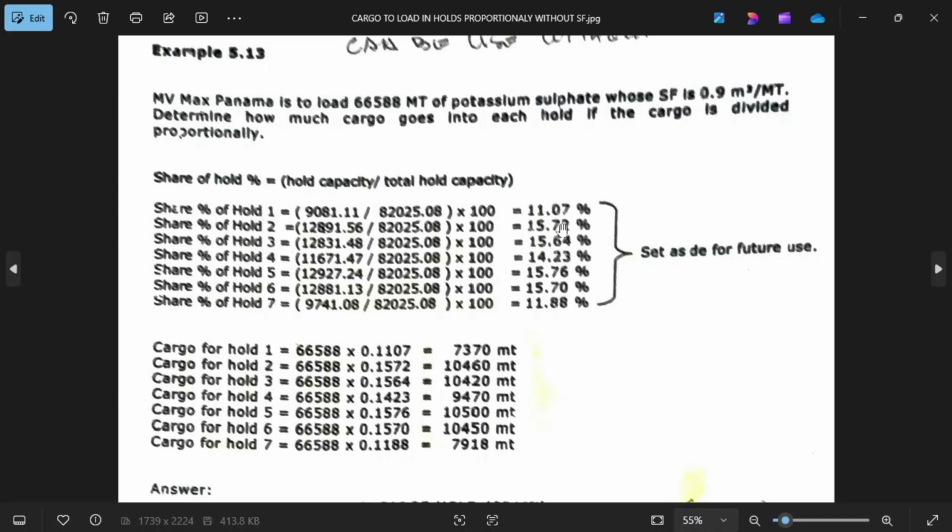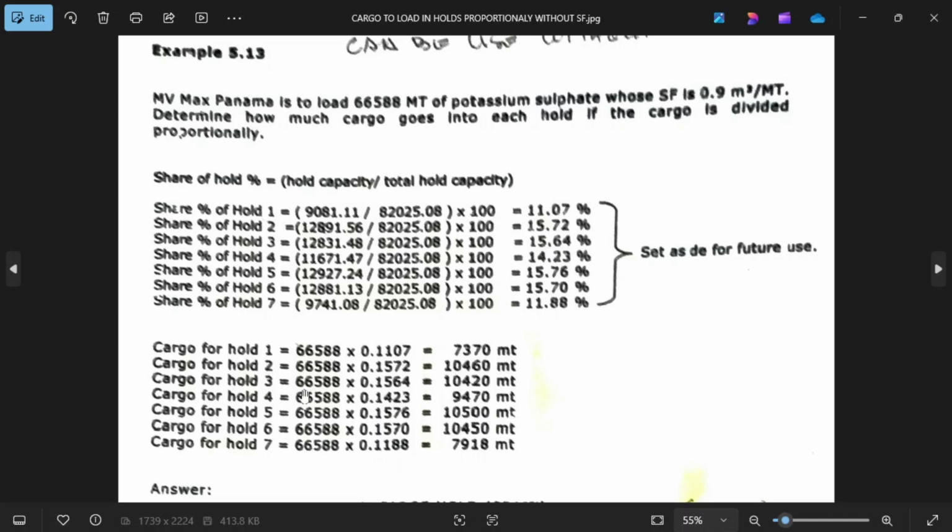So with this figure, you divide it by 100. Number 1, you will have 0.1107. Number 2 will be 0.172. And number 3, 15.64 divided by 100, then you will have 0.156, and so on.